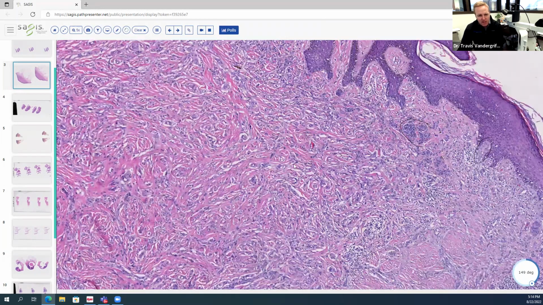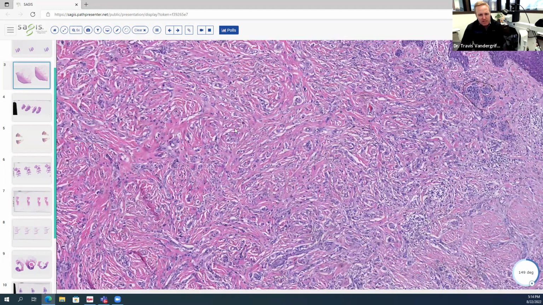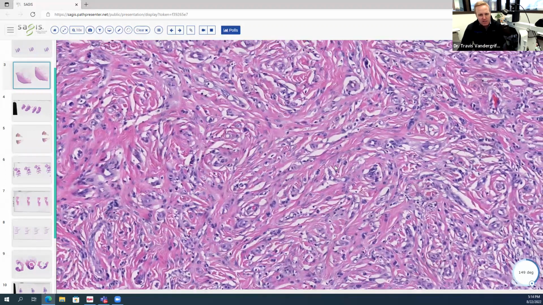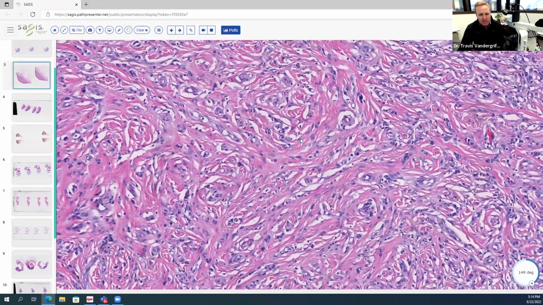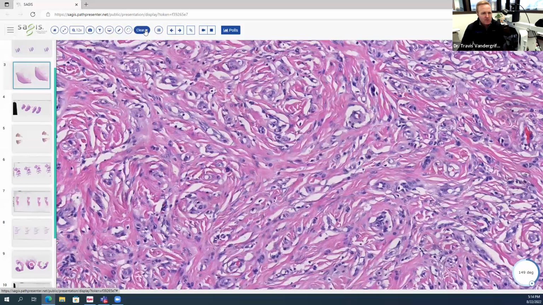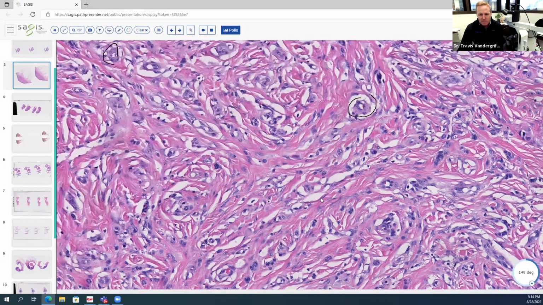And then as we go to the middle of this neoplasm, it gets hard to tell what are the neoplastic cells and what is part of the background stroma. Notice that you've got a lot of blood vessels mixed in. The blood vessels are small, capillary-sized vessels, but they're increased in number beyond what would be normally expected for the dermis.